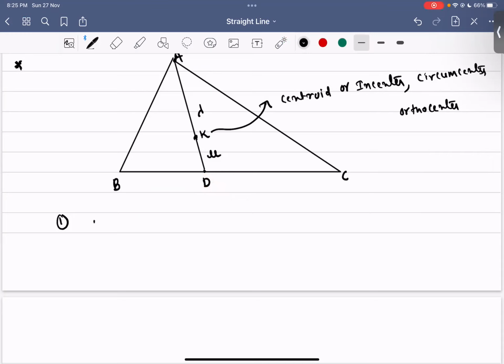So first one is, we require BD is to DC, and with the help of this, find the coordinates of D. Second one is, with the help of this AK is to KD, you find the value of K. So this is the first one.